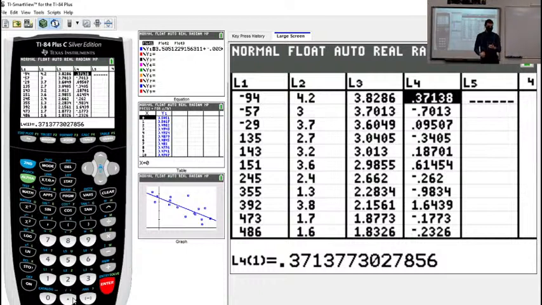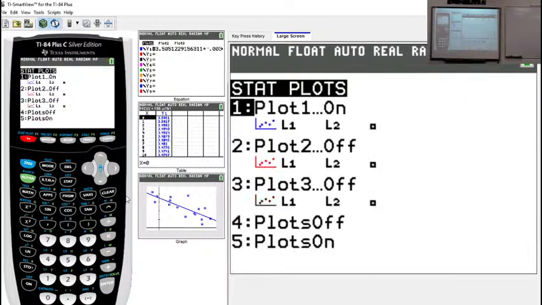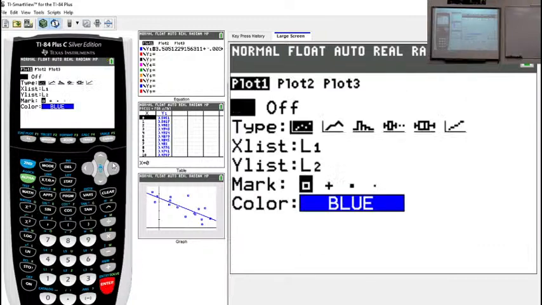One more step. This part is actually making the graph. Go into the same place you made the scatter plot before. The x values are still the x values. For the y values, we want the residuals.